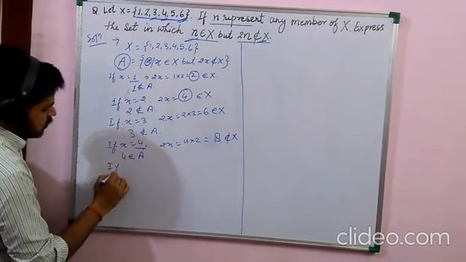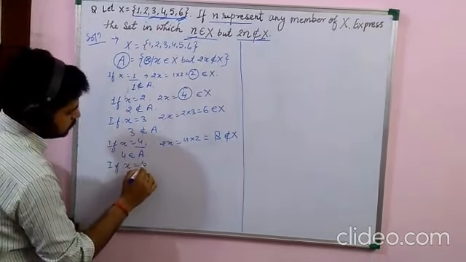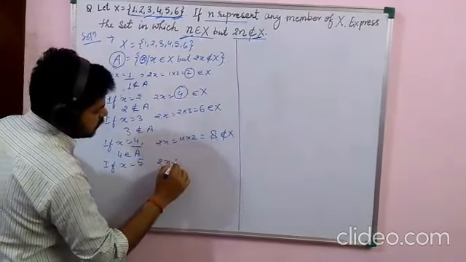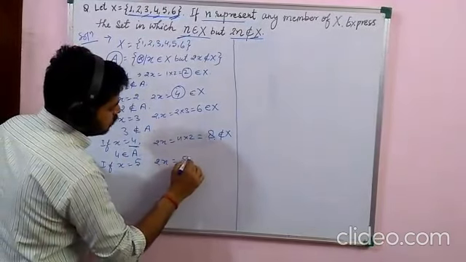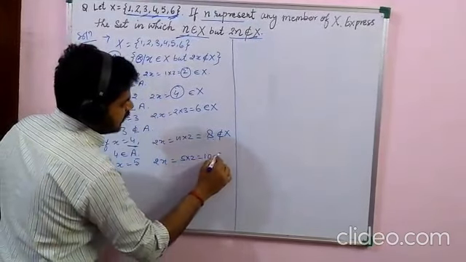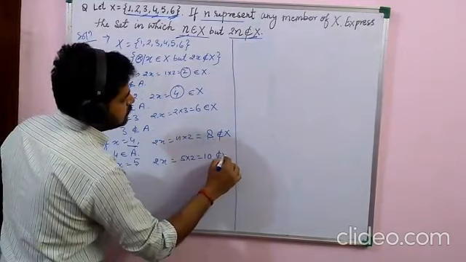Now we will check for x is equal to 5. Again we get 2x is equal to 5 into 2, which is equal to 10, and 10 is also not in that set.